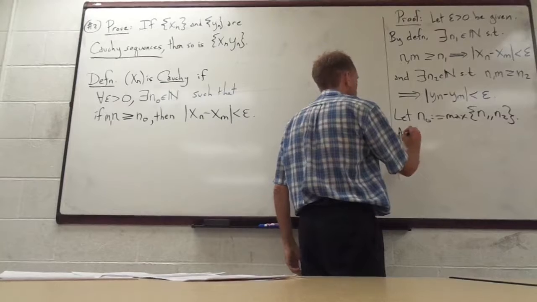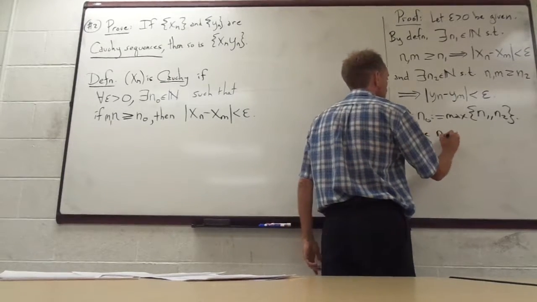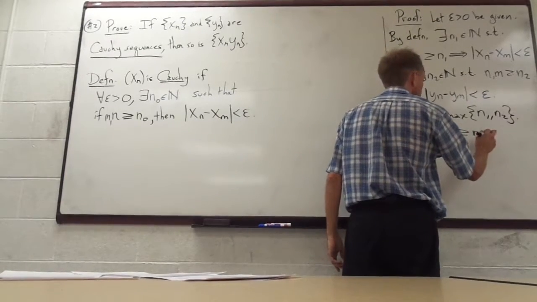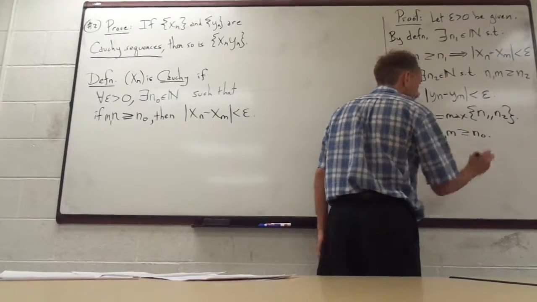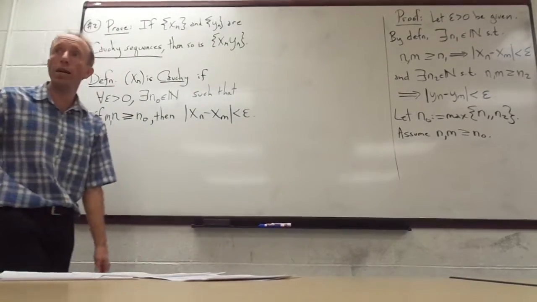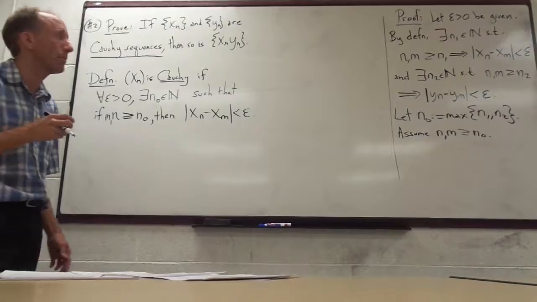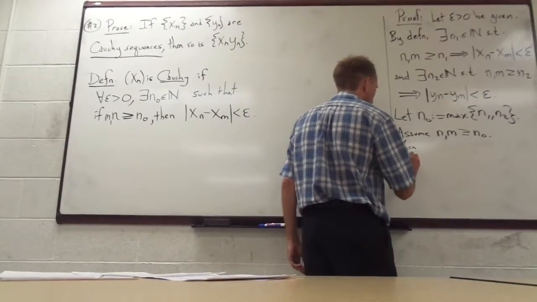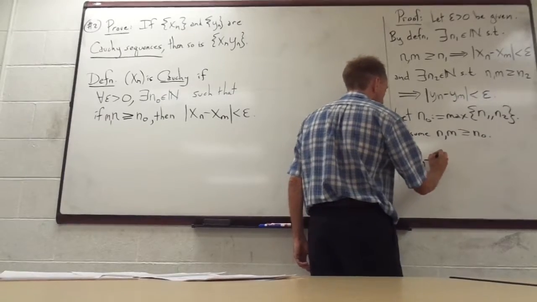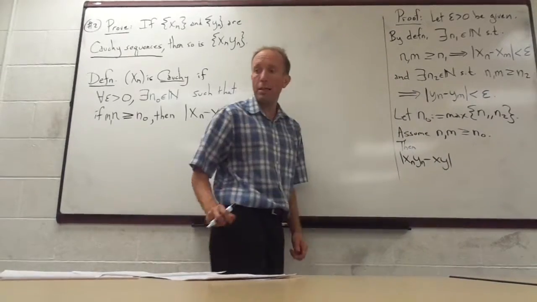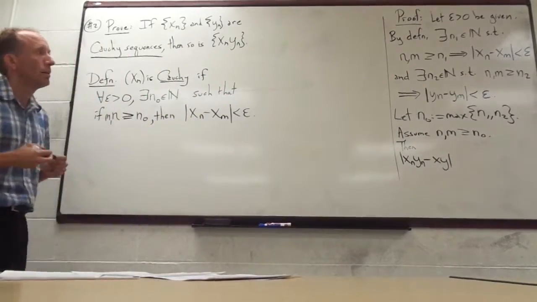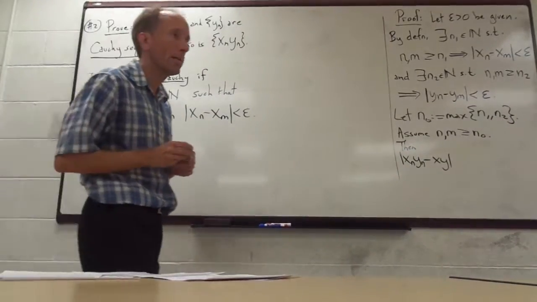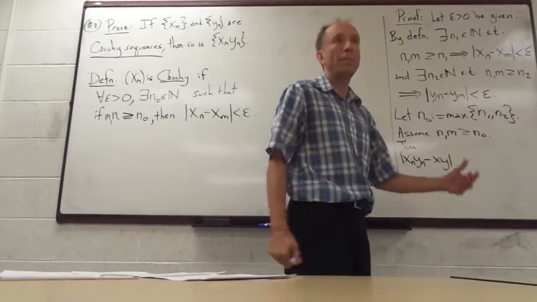So we just assume that n and m are greater than or equal to n naught that we wrote down, and we're just going to check that that max is the right thing. Which means we need to look at the absolute value of xn yn minus xm ym. We need that to be less than epsilon.